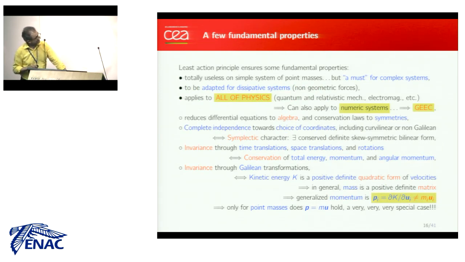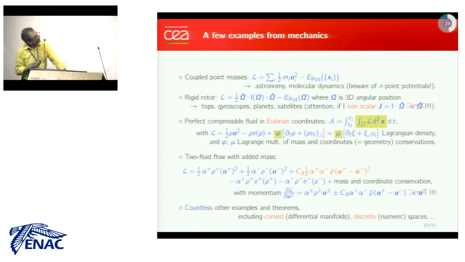So it has here the basic properties, a few examples from mechanics. This is very classical. Just one point here I want to stress. If we have a two-fluid system, for instance, with air bubbles moving in water, air bubbles have inertia in water, which is not given by the mass of air in the bubbles, but by the added mass, so the water that is actually displaced when the bubbles move.